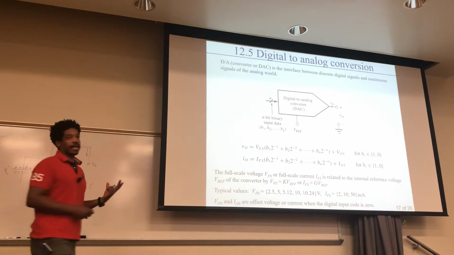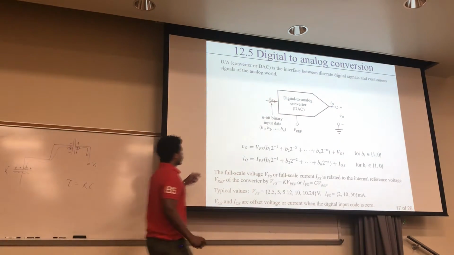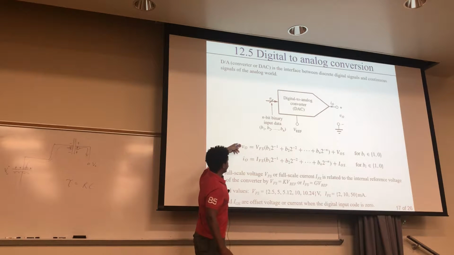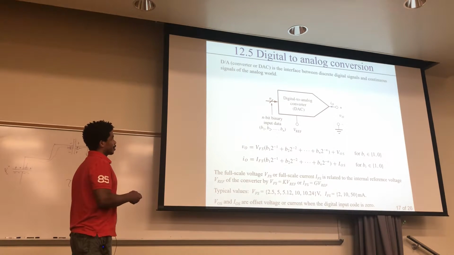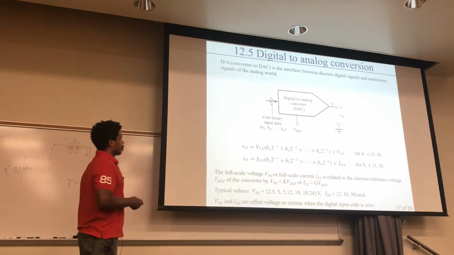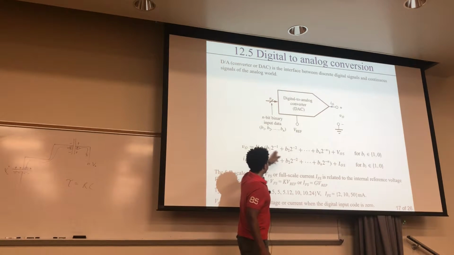And the resolution has to do with how many bits your conversion is. So you could do voltage or current, right? For voltage, you have your full scale voltage multiplied by your bit signal.